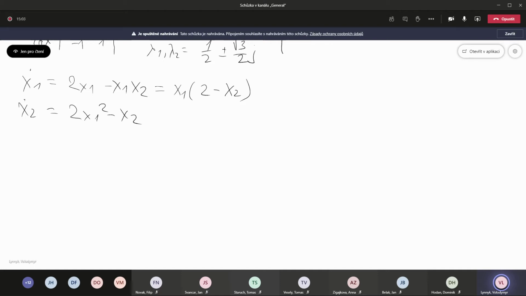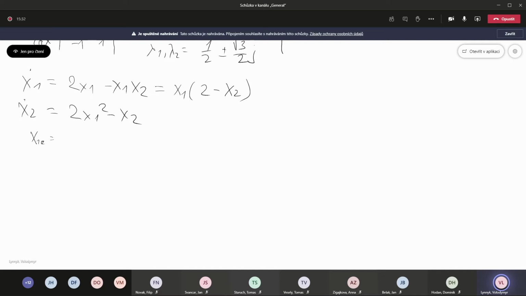When we solve this equation, we can find three equilibrium points. The first one is the origin, 0 0.